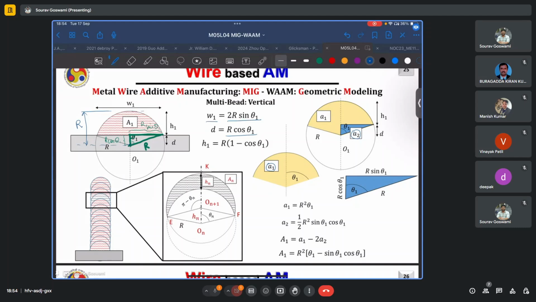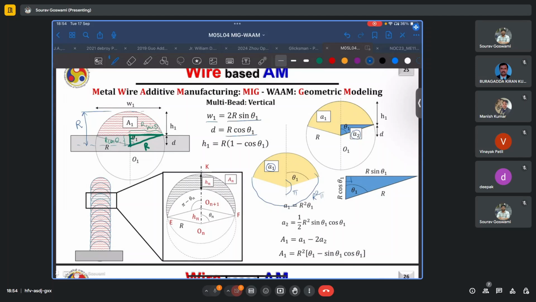Small a1 is very easily calculated given the angle subtended by the arc. So this is simply r square theta 1. We are already familiar with this formula. If half of this angle had been equal to pi, which would correspond to the complete circle, the area would simply have become r square pi, or pi r square. For this triangular region a2, because it is a right triangle, the area is half into base into height, so half into r cos theta 1 into r sin theta 1, or half r square sin theta 1 cos theta 1.